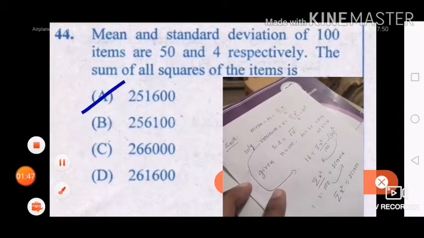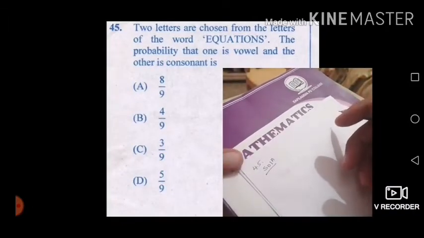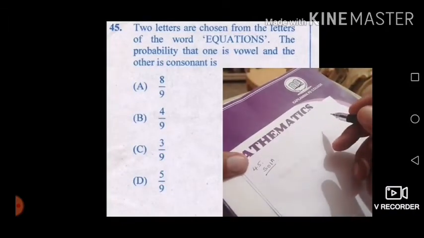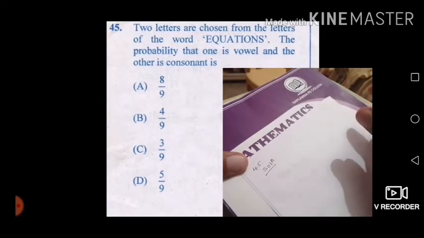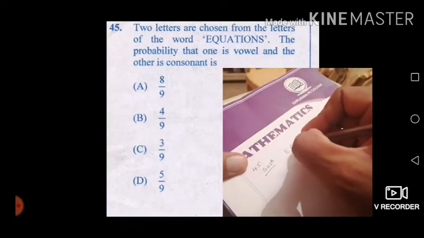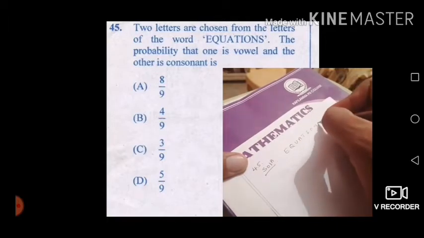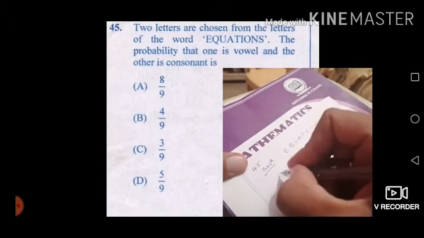And a very simple question, my dears. Question 45, which belongs to permutations and combinations. The question is very clear. We have to choose two letters from the word EQUATIONS. The word has 9 letters: E Q U A T I O N S. So totally we have 9 letters in this.